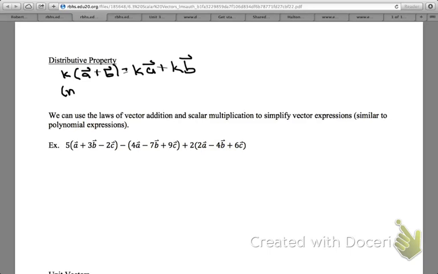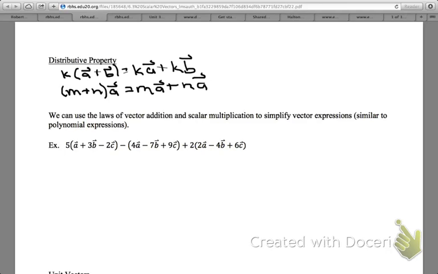As well, if we have m plus n times our vector a, this would be equal to m times our vector a plus n times our vector a. So we can use the laws of vector addition and scalar multiplication to simplify vector expressions, similar to polynomial expressions.